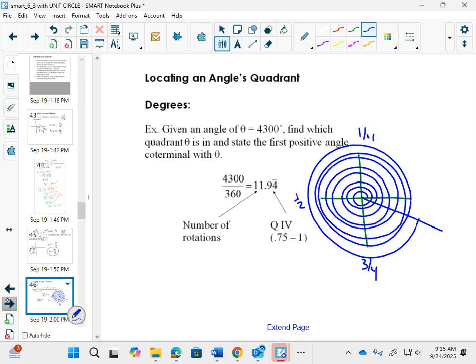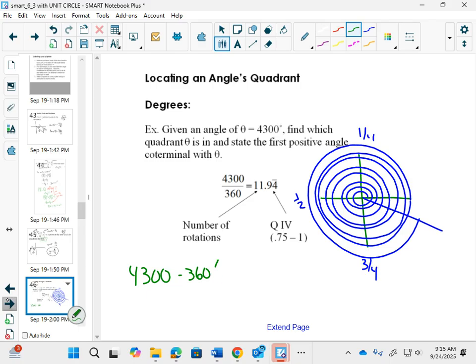Now, if I didn't have a calculator, I would probably, every time I minus 360, do you agree you get something that's coterminal? Because every time you take away 360, it would end in the same spot.